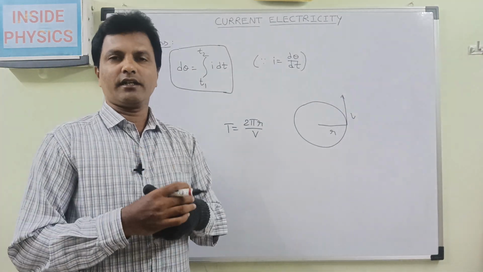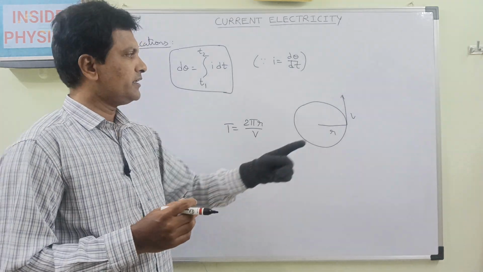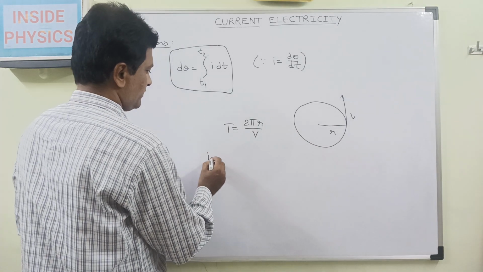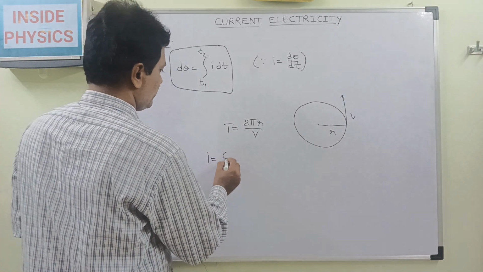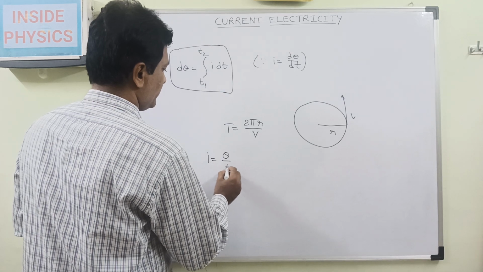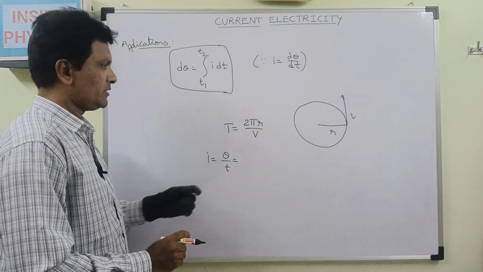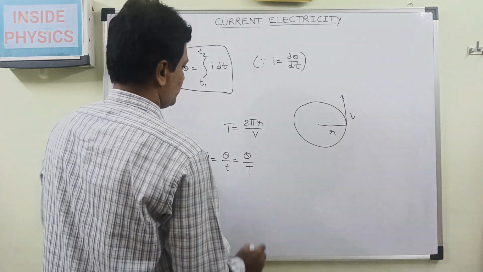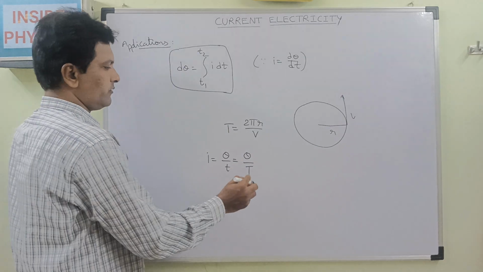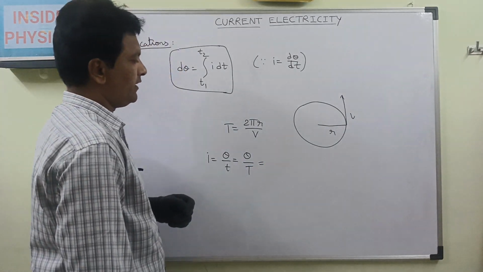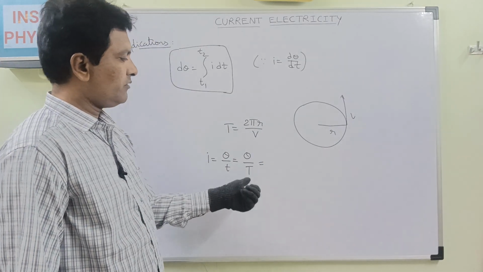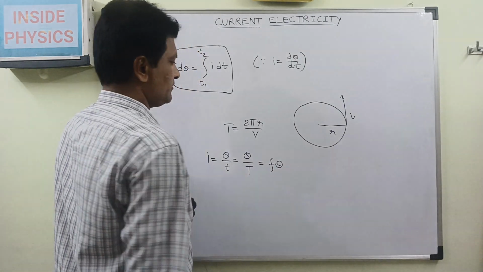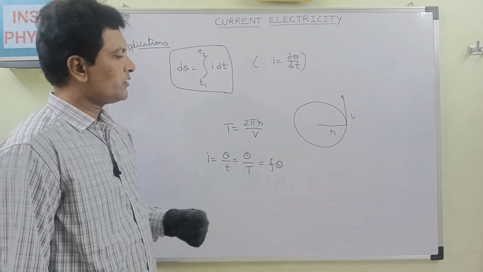So what is the electric current produced by the revolving charged particle? Electric current is q by t, where the time is the time period of one revolution. What is the inverse of time period? Frequency. So we can write it as frequency times q.